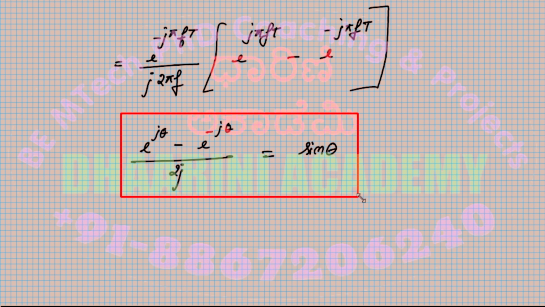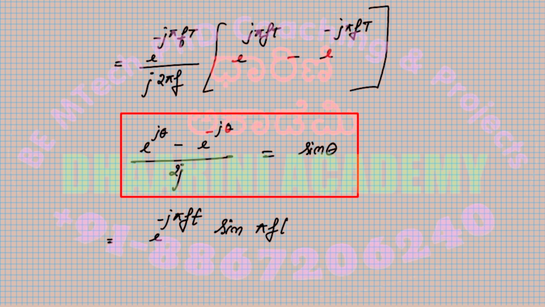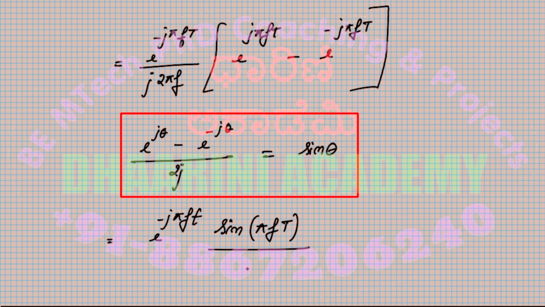So I'm using the above equation to get this. So I have e to the power minus j pi fT into sine of pi f capital T divided by, if 2j goes out, it's simply pi f.